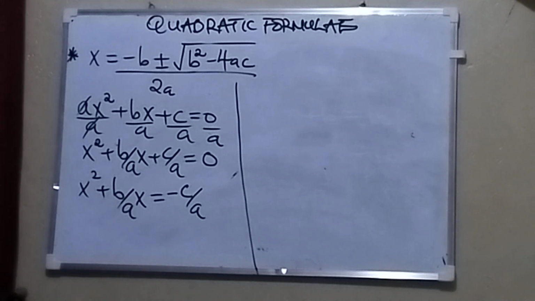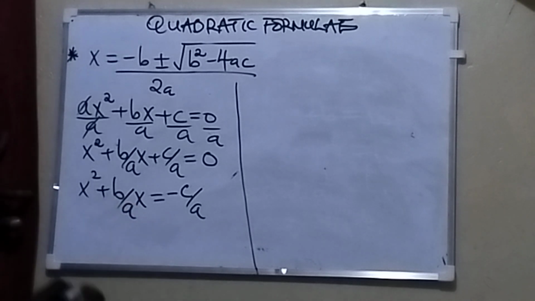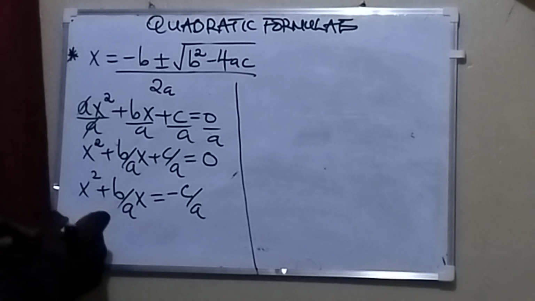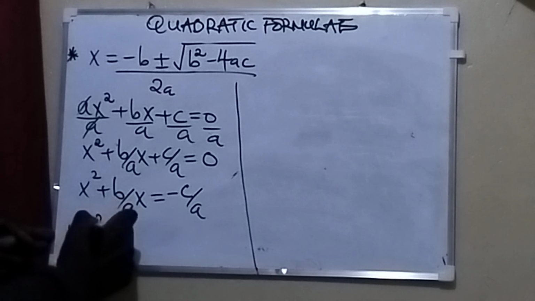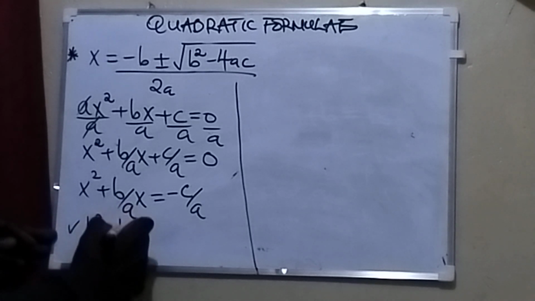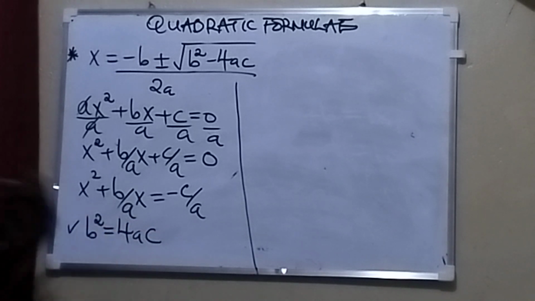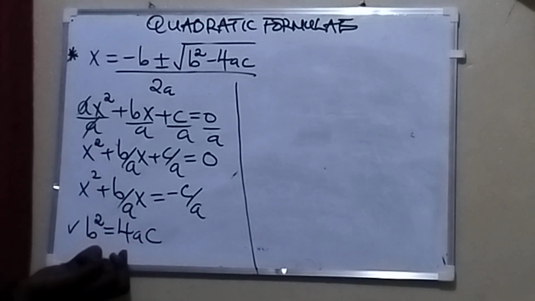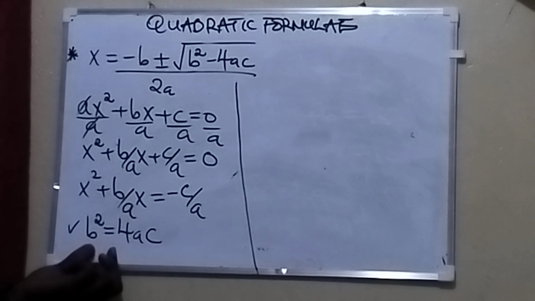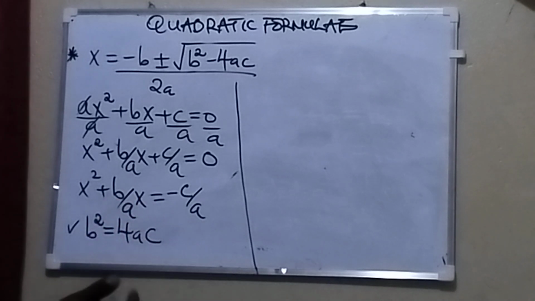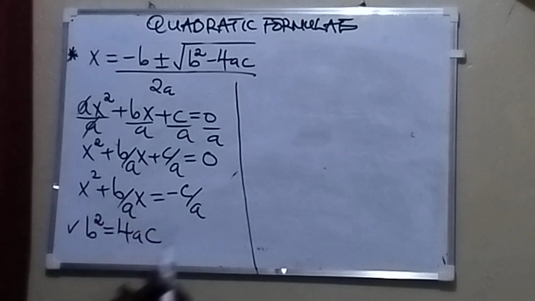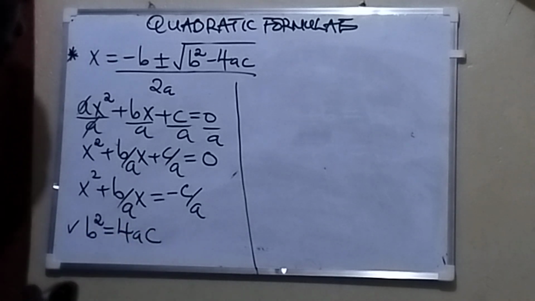In completing the square, we usually say that if b squared is equal to 4ac, it satisfies a complete square. So you are going to use this formula.